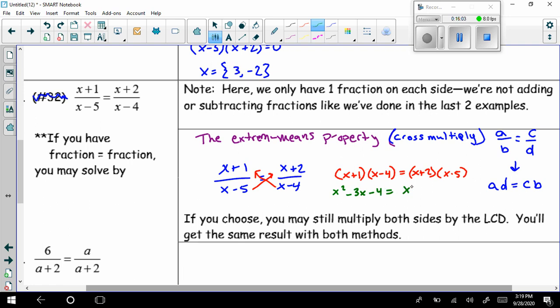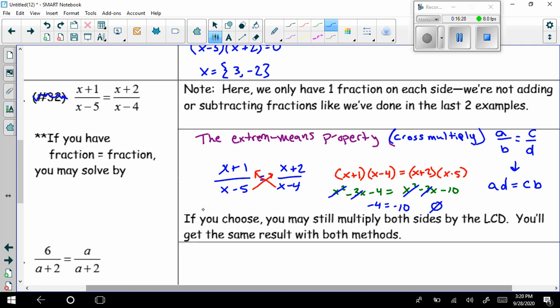And here is x squared minus 5 plus 2 is minus 3x minus 10. Well, for this one, I have this and this that matches this and this, so they cancel each other out. So I get negative 4 is equal to negative 10, which is no solution because that is a false statement.